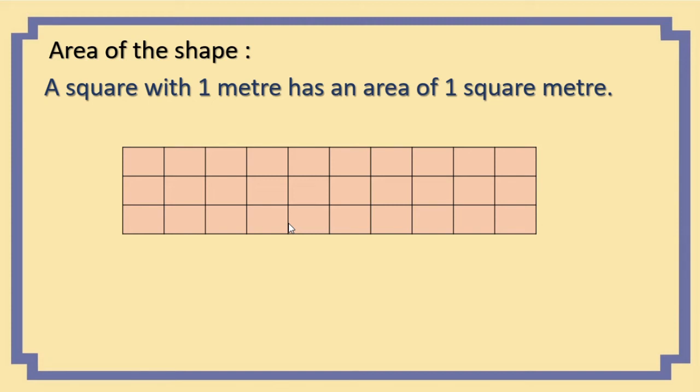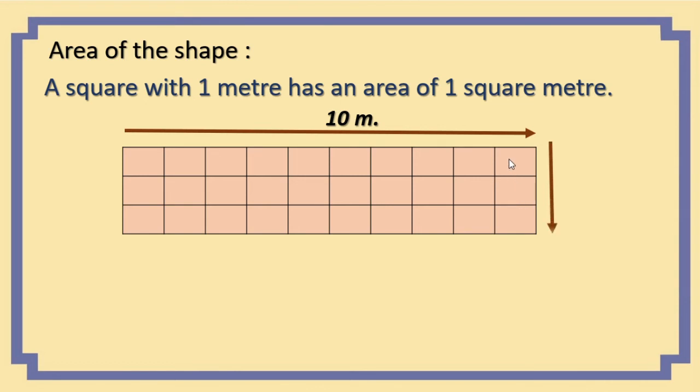Yes, dear children. Here we will count the length of this by using the squares. 1, 2, 3, 4, 5, 6, 7, 8, 9, 10. Means we have 10 squares or 10 meter we will write. Now here what is the width? 1, 2, 3. Only 3 meter.